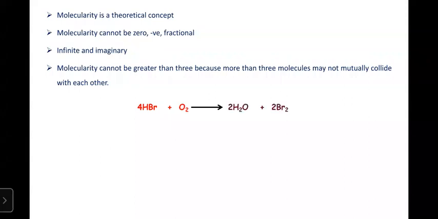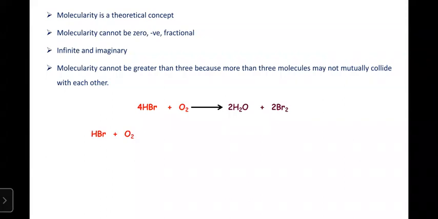For a complex reaction, we have to predict the mechanism, right? And each step in a complex reaction we consider an elementary reaction. So molecularity we can define with respect to an elementary reaction.